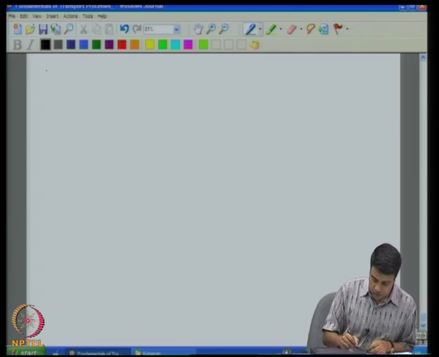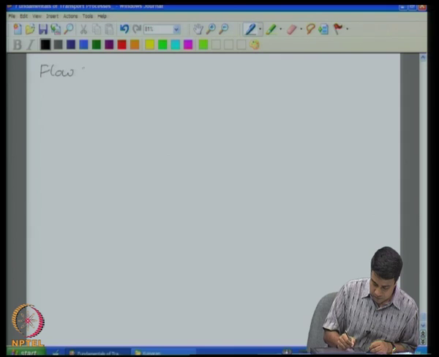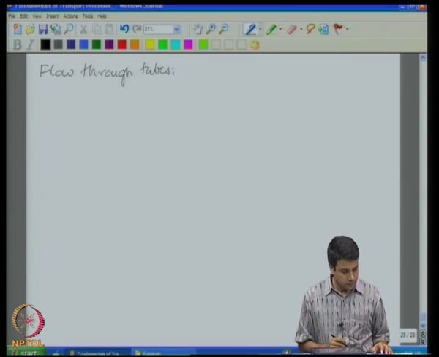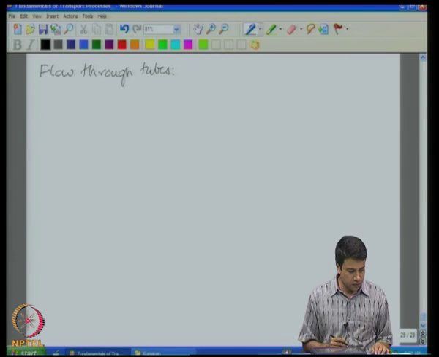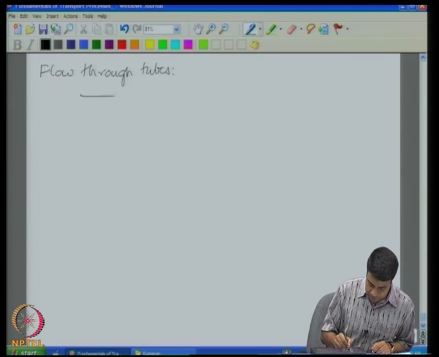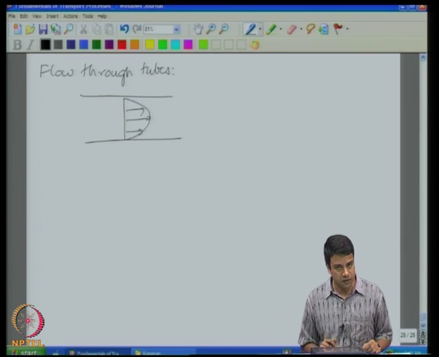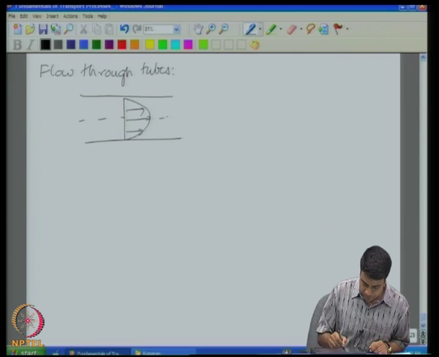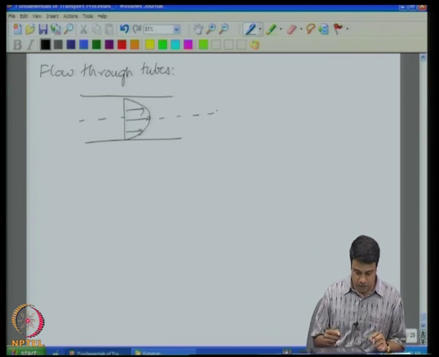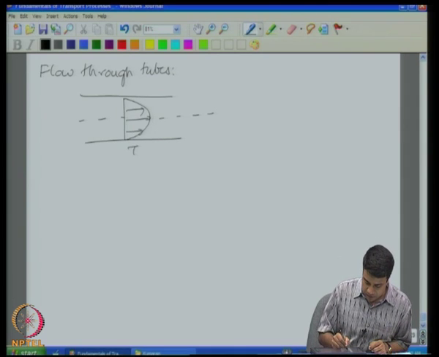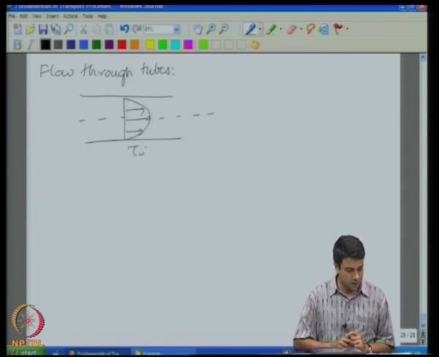How about for the flow through tubes? For the flow through tubes, the non-dimensional momentum flux is defined with respect to the shear stress acting on the wall of the tube. So, the wall stress tau w is the shear stress acting on the wall of the tube.